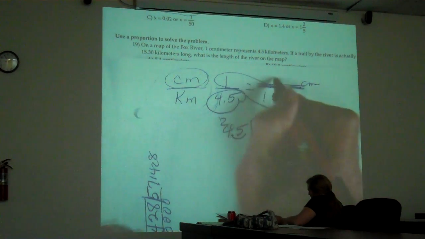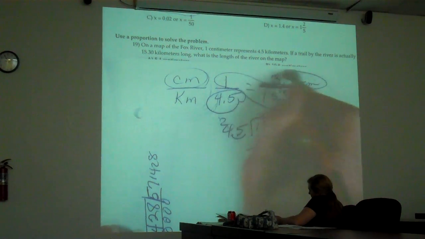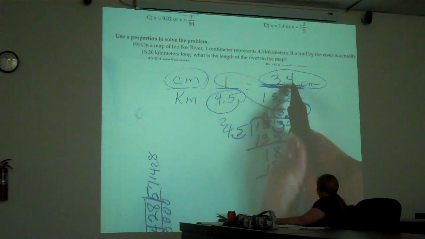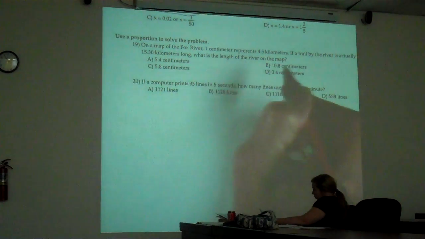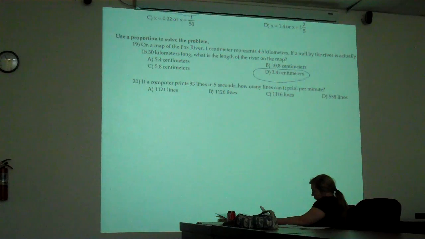So 3.4 centimeters is what? How many centimeters on the map would be that many? 3.4 centimeters. See?